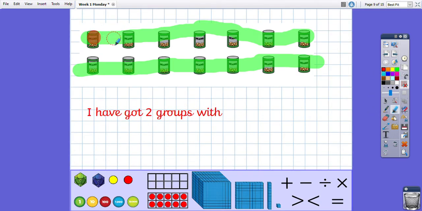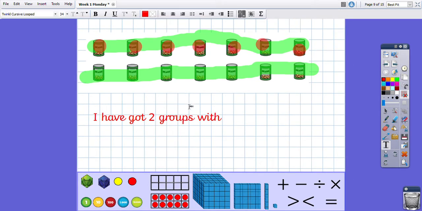So I've got 1, 2, 3, 4, 5, 6, 7, with 7 in each. So the multiplication sum for this array would be 2 groups times 7 in each group gives me 14. That is one way you could do it.